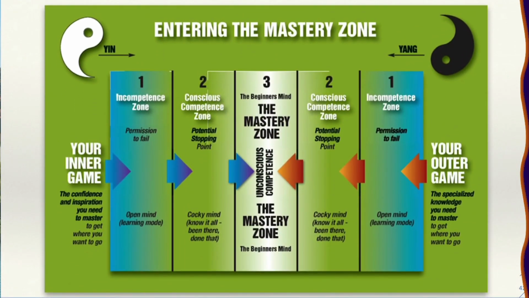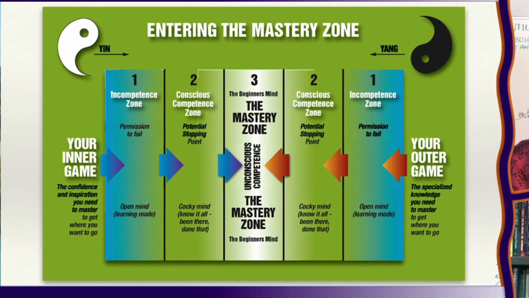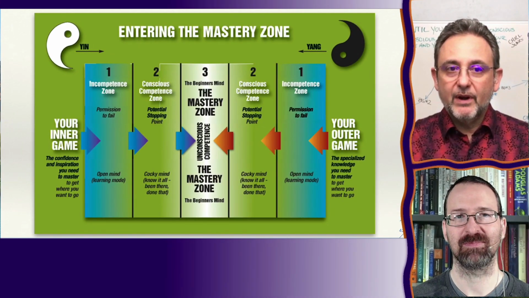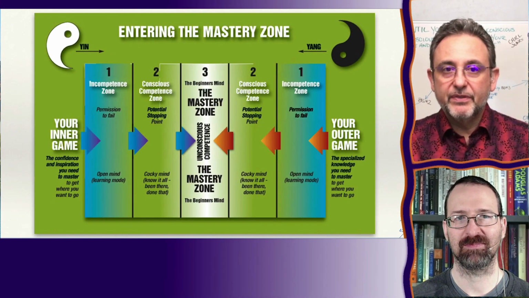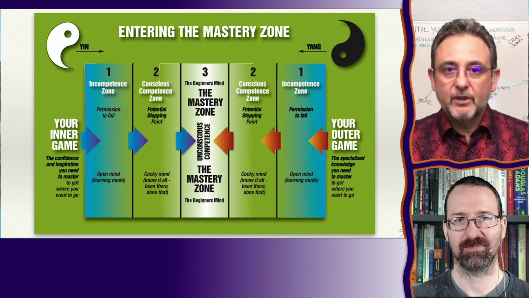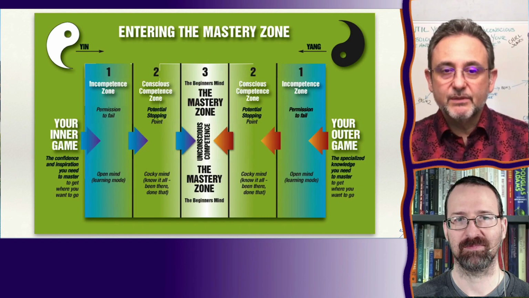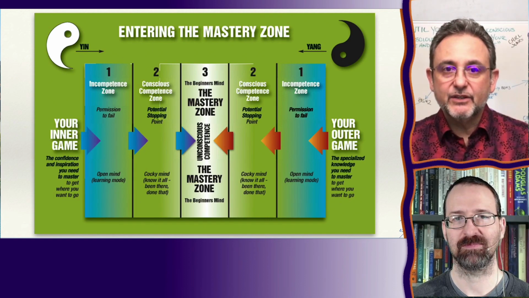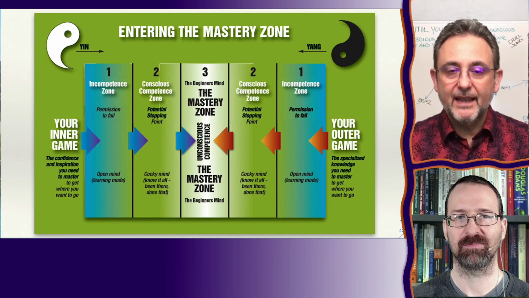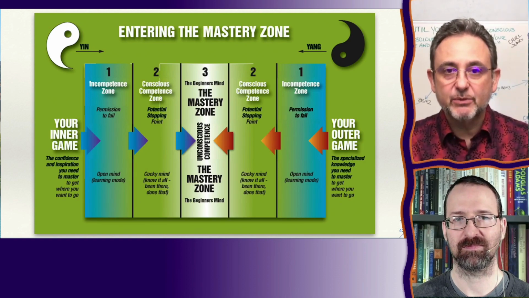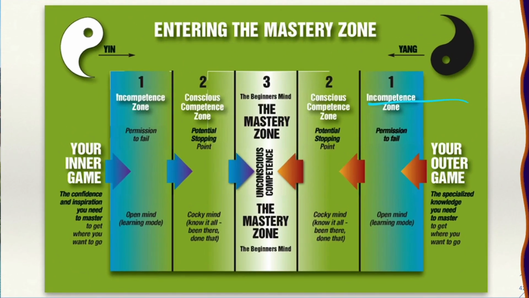Just by way of a review to make sure that we all understand what's going on here, we know that we're entering the mastery zone from both the yin side and the yang side so that we avoid the zero factor. And we talked about the tools and resources in previous episodes about how to enter it as a bold molder from the outer game, the what to do, the action plan journey side of the equation over here.